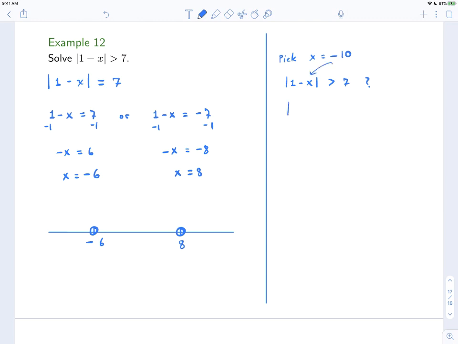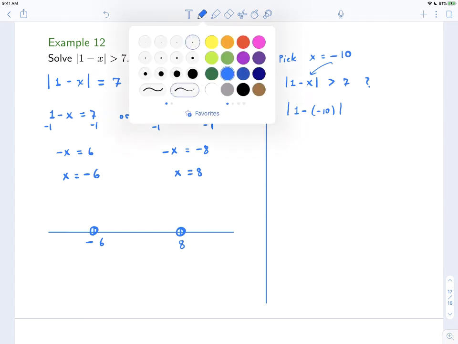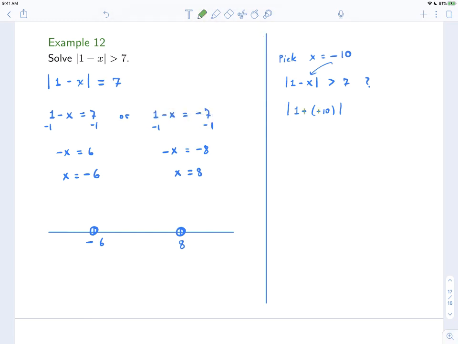So it's going to be the absolute value of 1 minus negative 10, like so. Well, 1 minus a negative 10, minus a minus is a plus. So that's the absolute value of 1 plus 10, which is the absolute value of 11. So that's 11, which indeed is greater than 7. So that's true. So that means we include the interval to the left of negative 6. So we include this interval.